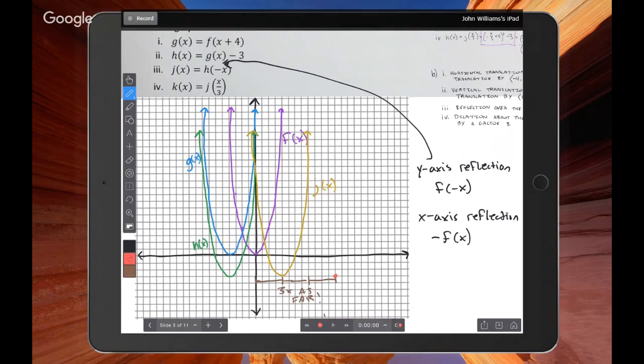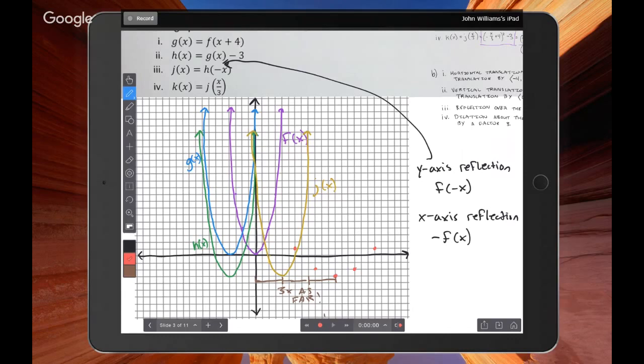So the graph used to go over 1, up 1. Now it's going to go over 3, up 1. And over 3, up 1. It used to go over 2, up 4. Now it's going to go over 6, up 1, 2, 3. Over 6, up 1, 2, 3, 4. It used to go over 3, up 9.